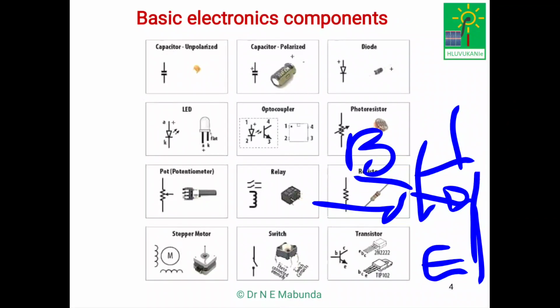These emit electrons that go to some area where they are collected. So the base brings a small current to control a huge current that occurs between the collector and the emitter. Hence we say it amplifies.